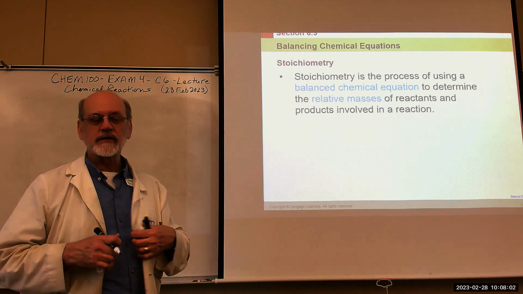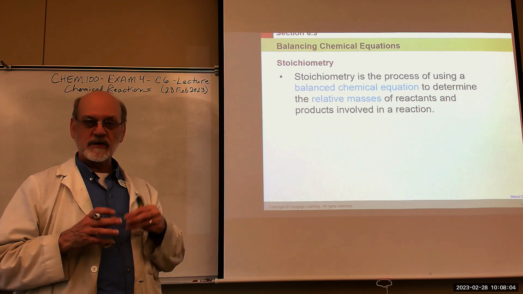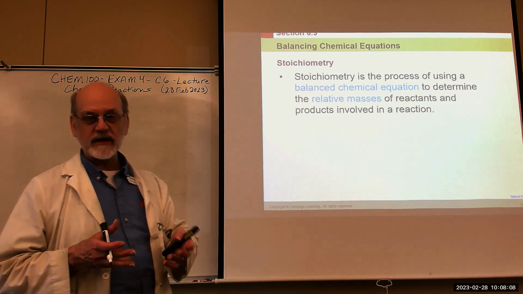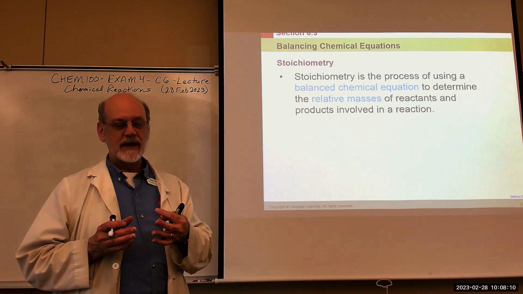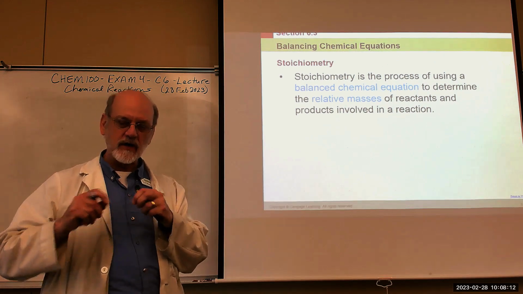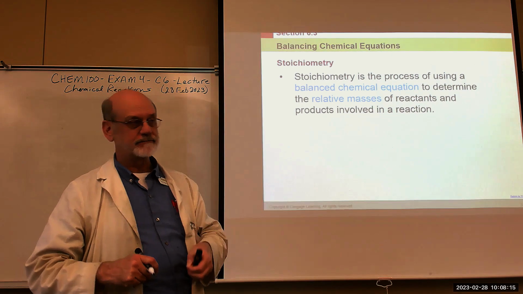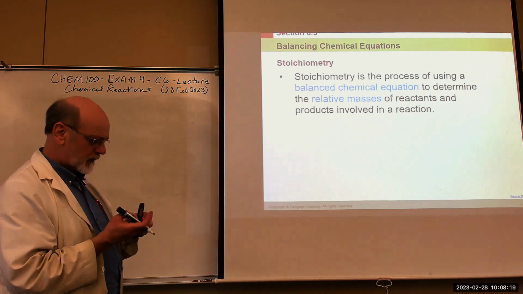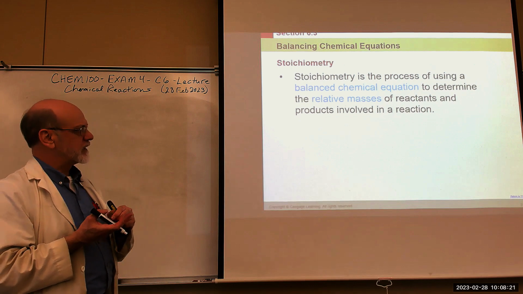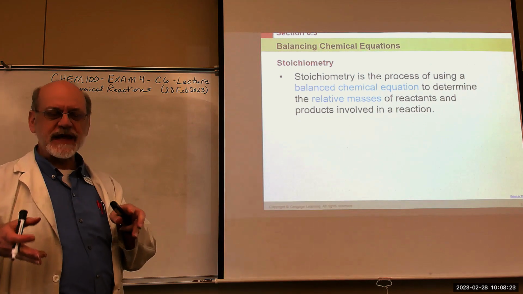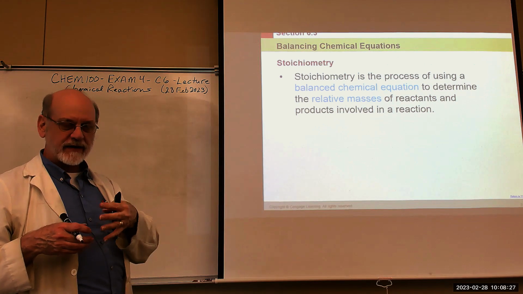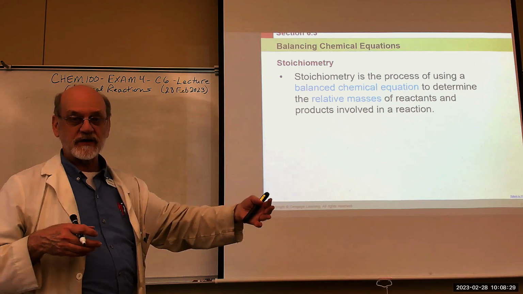So we have to use things like mass. We use a balance, or we're going to learn in the next chapter how to use solutions and determine how much of the reactant goes in as a solution and how much comes out. So stoichiometry, as a first step, we're going to focus on masses. What mass of reactants produce mass of products?